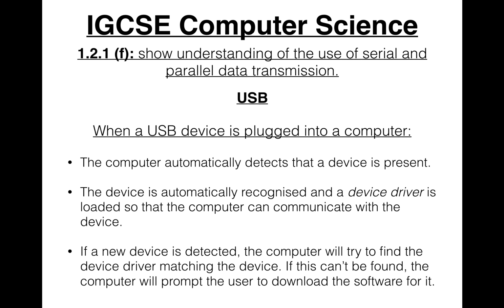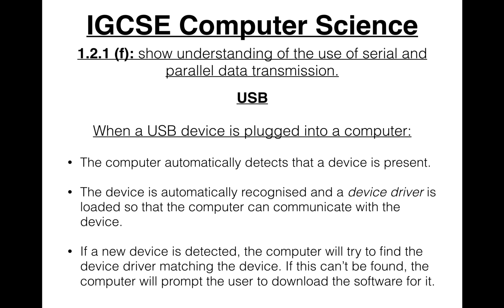And if a new device is detected, the computer will try to find the device driver matching the device. If this can't be found, the user will have to do it manually. Let's move on to the advantages and disadvantages.